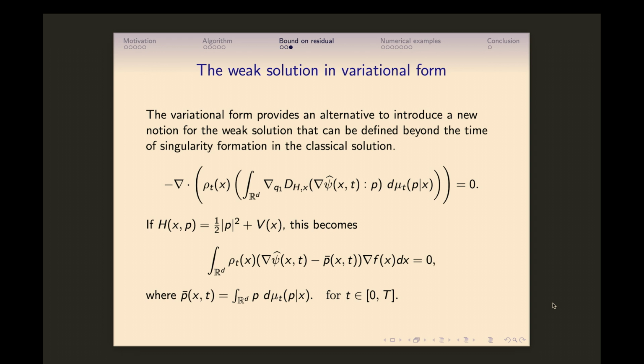A particular situation is if you take this special form, p squared, and then this is the potential, then this can be put in a simple form. Let's say that you match the vector field with the momentum you computed from the ODEs.